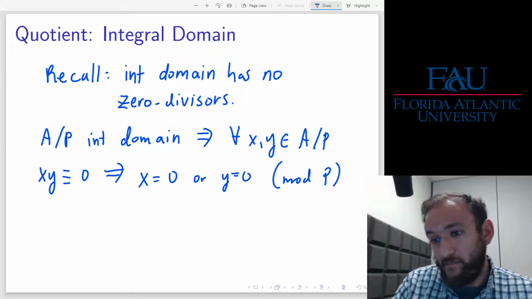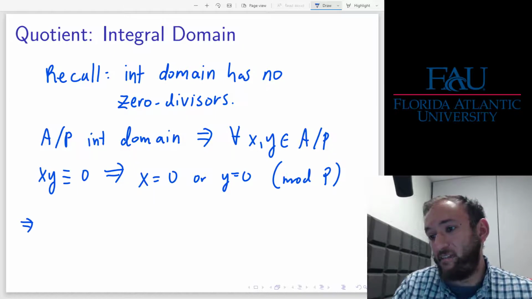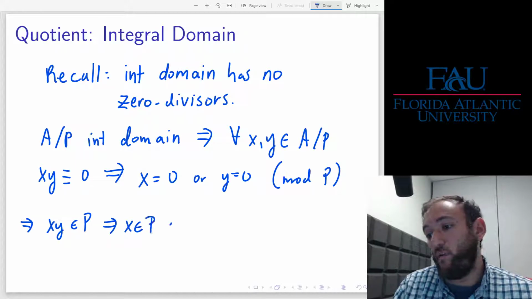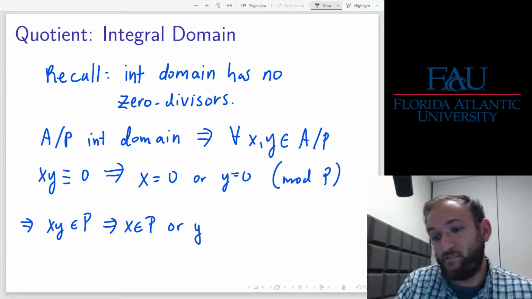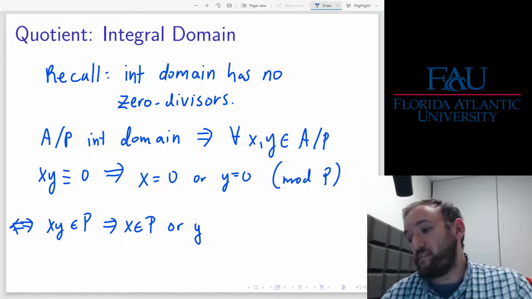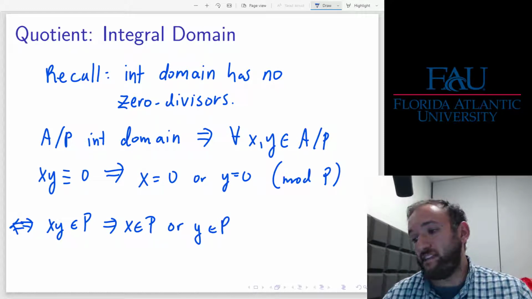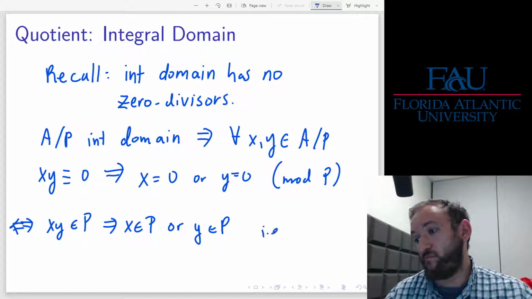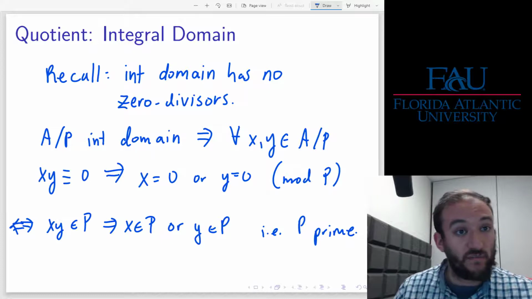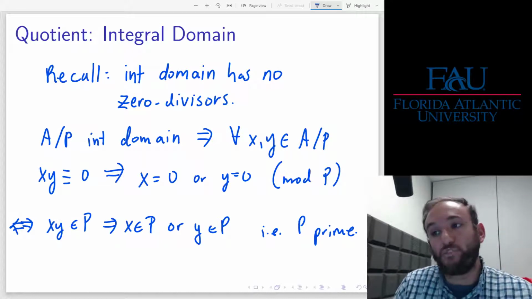But what that means is that if xy is in P, that means that x is in P or y is in P. And this is really an equivalence of conditions, not just an implication. x is in P or y is in P, and that is precisely the definition of P being prime. So what we've established here is that the condition of being prime is equivalent to the condition of the quotient being an integral domain.